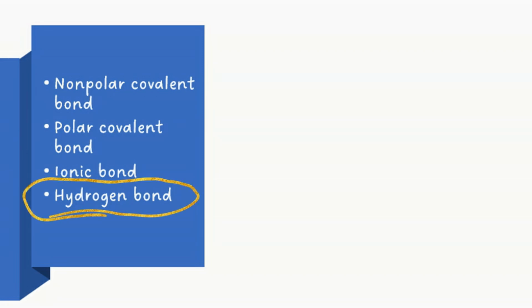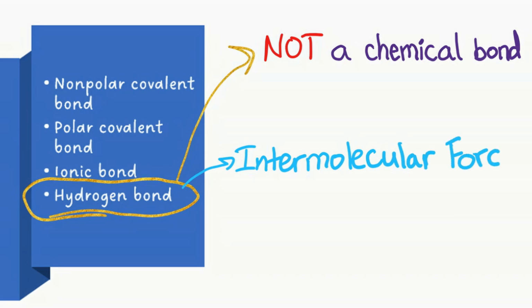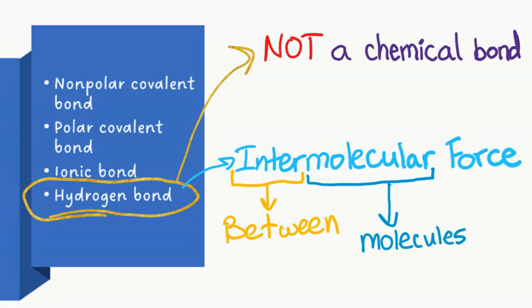Now, hydrogen bonds are special and entirely different from the other 3 bonds we just discussed. Hydrogen bonds are not a chemical bond at all. They are what we call an intermolecular force. Inter meaning between, and molecular meaning molecules. So intermolecular forces, like hydrogen bonds, are bonds that form between molecules.